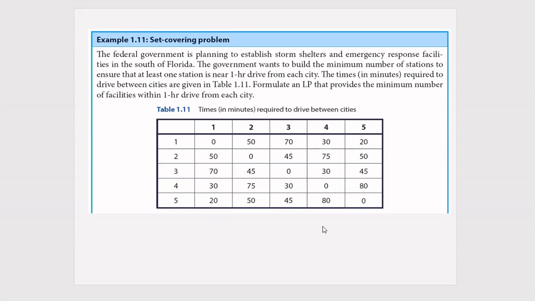Basically, in whatever city you are, there is a shelter in 1 hour or less distance from you. The time could be expressed in miles too. The times in minutes required to drive between cities are given in this table. Formulate an LP that provides the minimum number of facilities within 1 hour drive from each city.